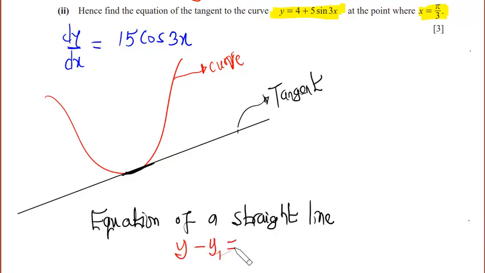There are several equations of a straight line anyway, but we can make use of y minus y1 equals m into x minus x1. And that is the required equation of a straight line we shall be using to solve this question. Now m here denotes the gradient of the line. m is called the gradient of the line. So first, let us find the gradient of the line.